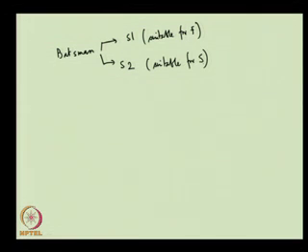Now, here what is happening is that first the bowler is making a move, then the batsman is making a move, and the batsman is making the move depending on how the bowler is bowling. So, I can show this in terms of a game tree. So, F or S. If F is played, then the batsman moves.